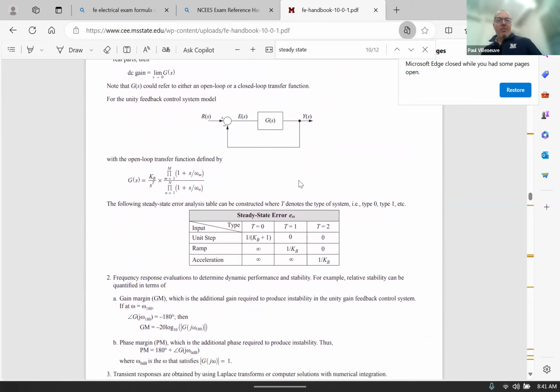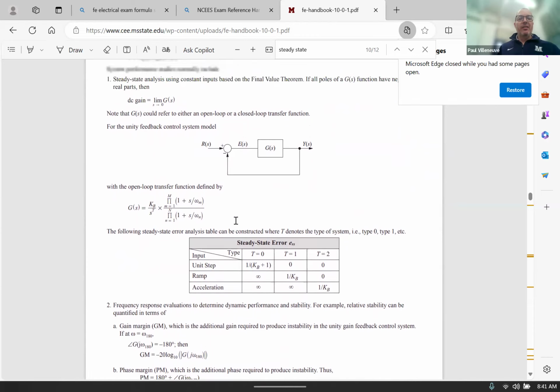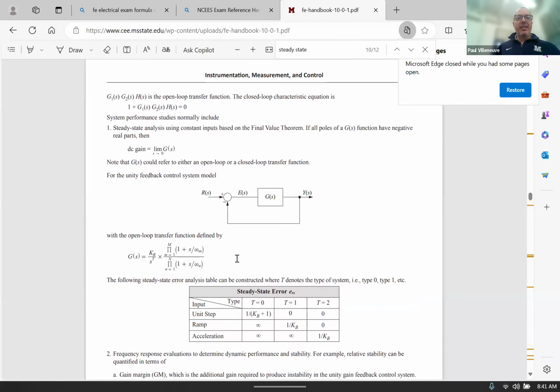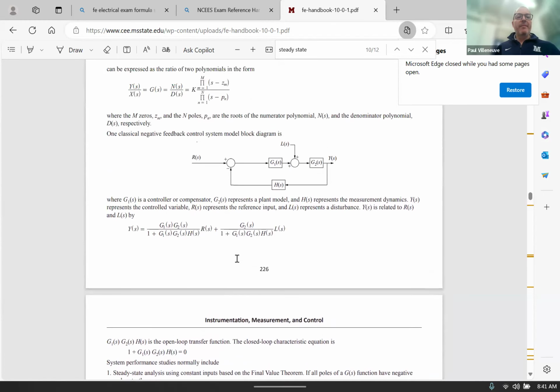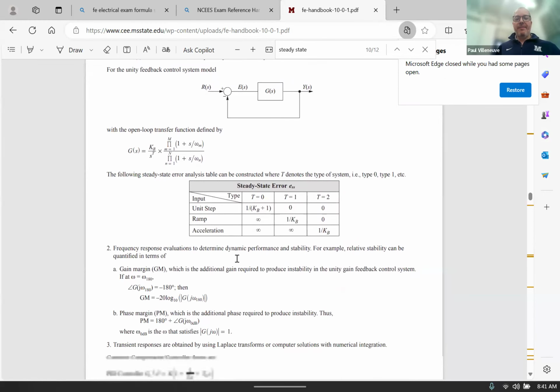The only problem with this is that k sub b doesn't come with the formula to actually calculate it. So you're just going to have to know it's the limit as s approaches 0. You don't actually see that in here. So this is not a great one to show you how to do that.